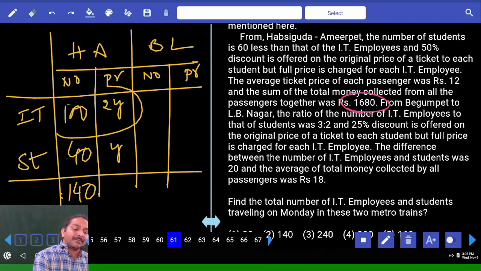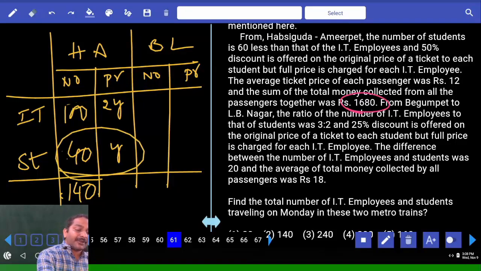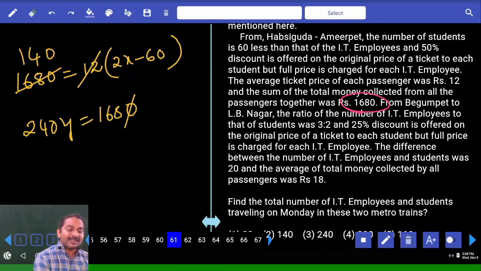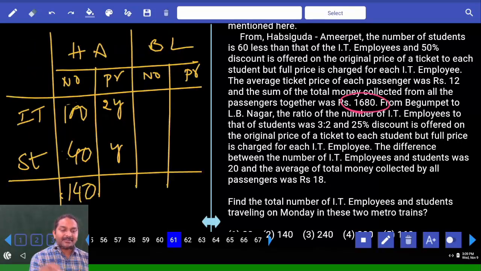From IT employees, how much amount? 200Y. From students, 40Y. Then total 240Y must be equal to 1680 only. 24, 7 times, correct? Y is equal to 7. So Y is 7, 2Y is 14.